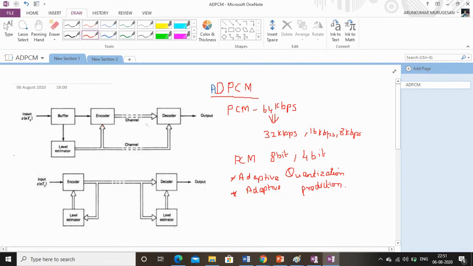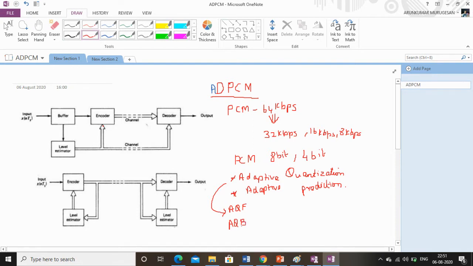In adaptive quantization, it is divided into two types. One is adaptive quantization with forward path estimation, and another one is adaptive quantization with backward path estimation.